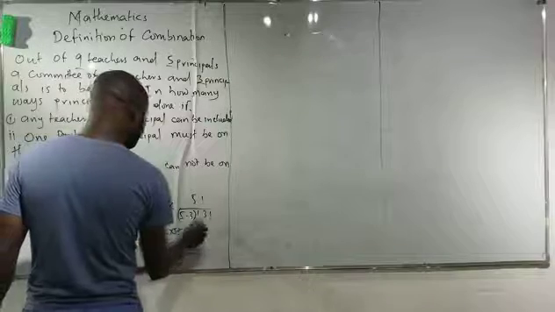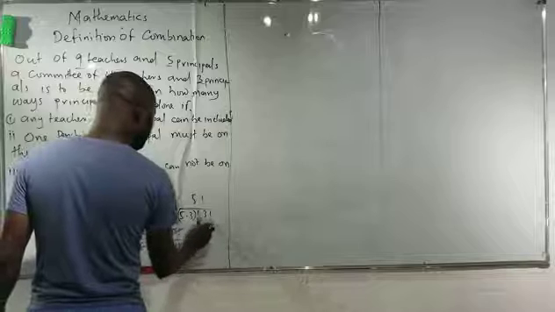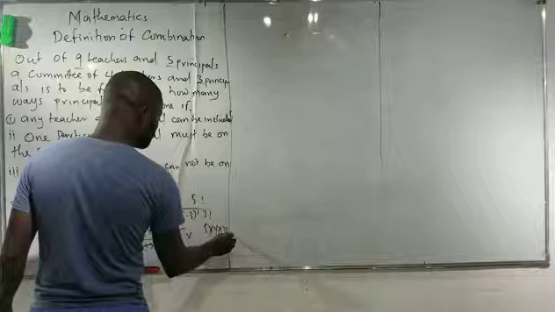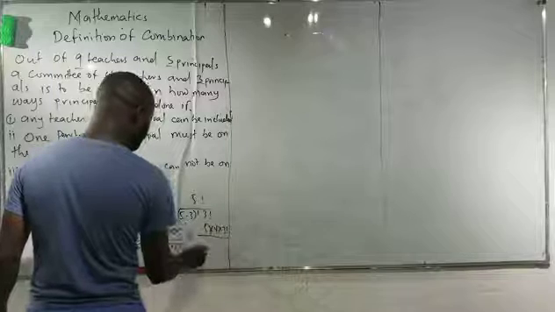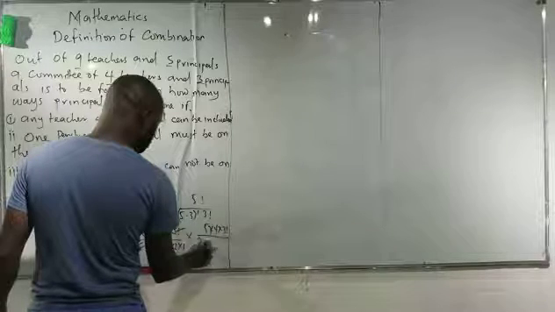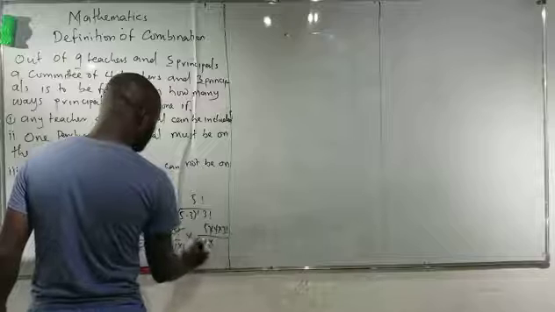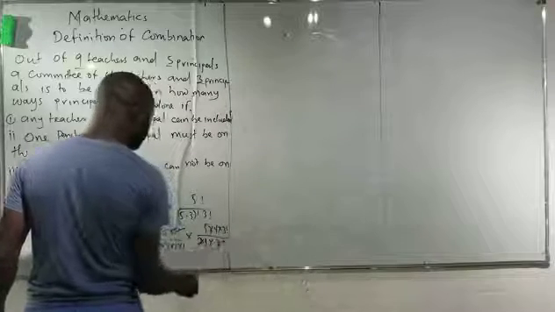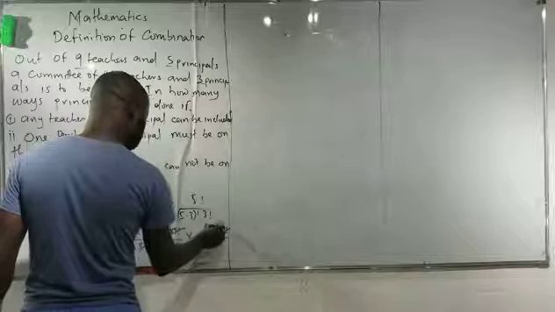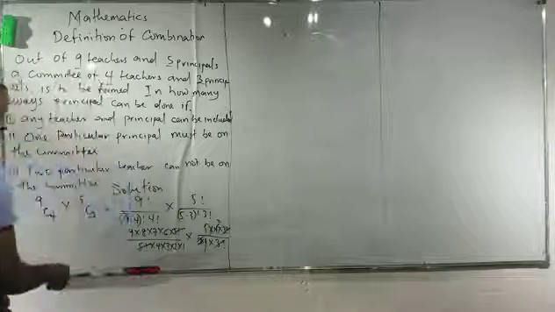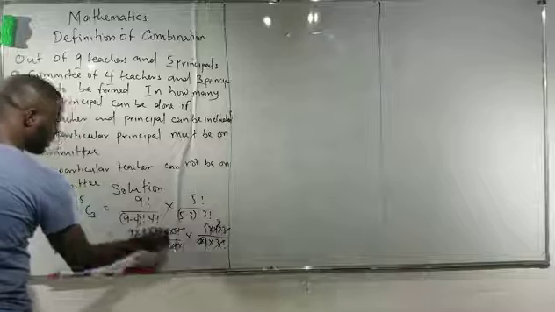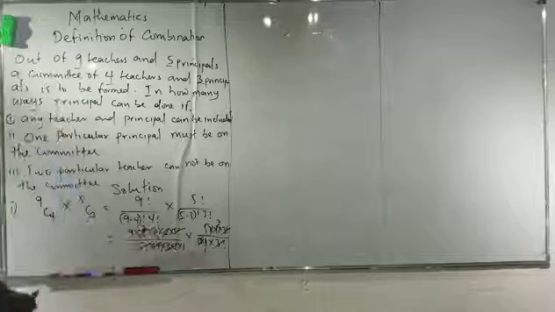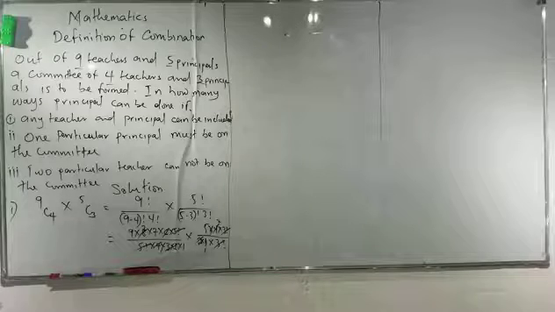Then 5 multiplied by 4 multiplied by 3 factorial, divided by 2 factorial multiplied by 2 times 1 multiplied by 3 factorial. This cancels this. Here 1, here 2. We cancel this, and here 1, here 2.